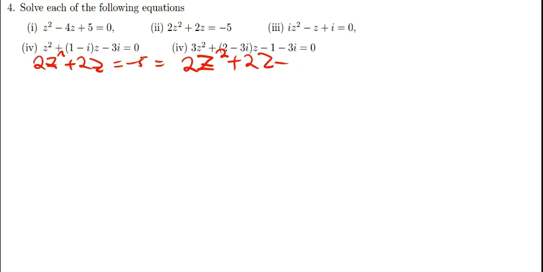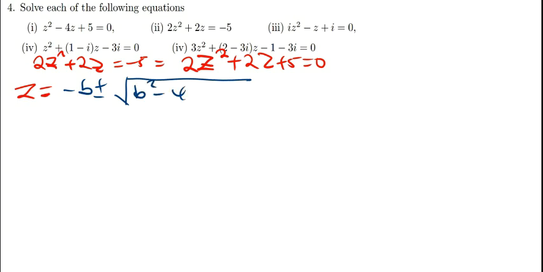When I shift it to the left hand side, it's going to be plus 5 to be equal to 0. Then we use the formula, we end up having z equal to negative b plus or minus the square root of b squared minus 4ac, everything divided by 2a. Okay, now let's plug in the values.